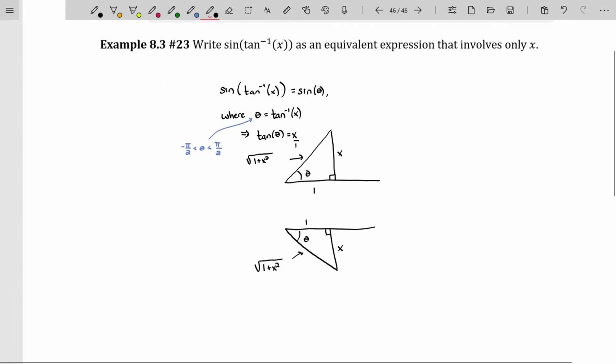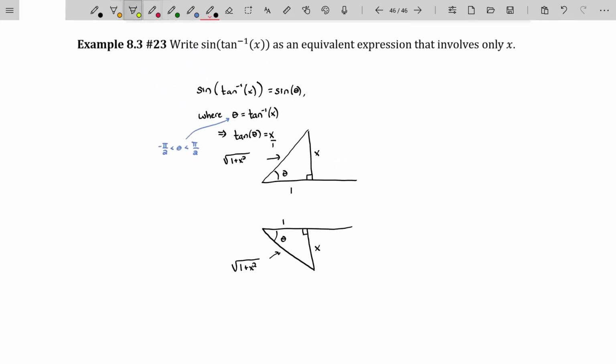In either case, what is the sine of that angle? In both cases, the sine is x over the square root of 1 plus x squared. So the sine of the tangent inverse of x is x over the square root of 1 plus x squared.